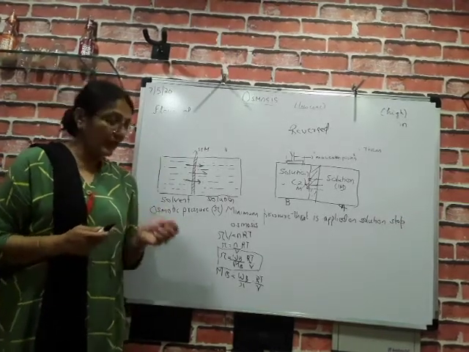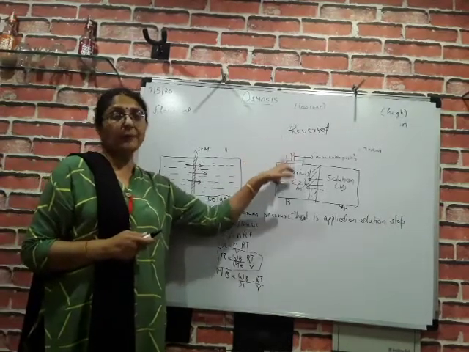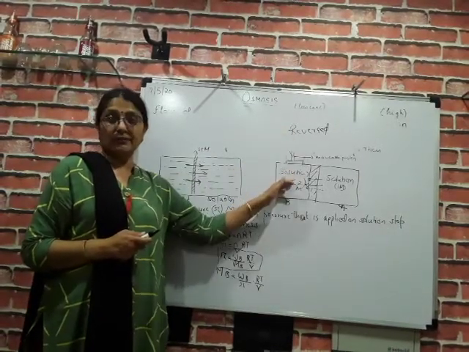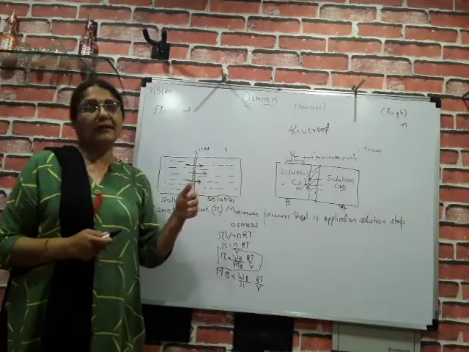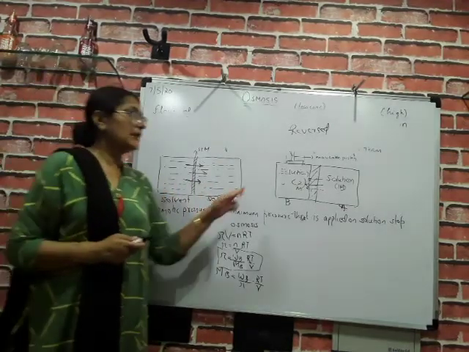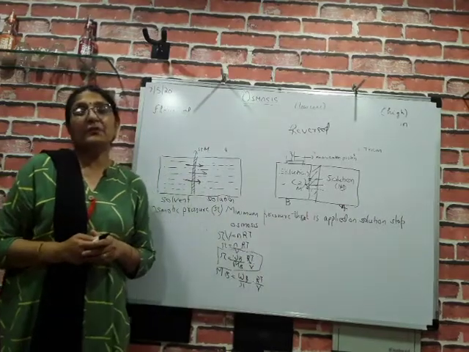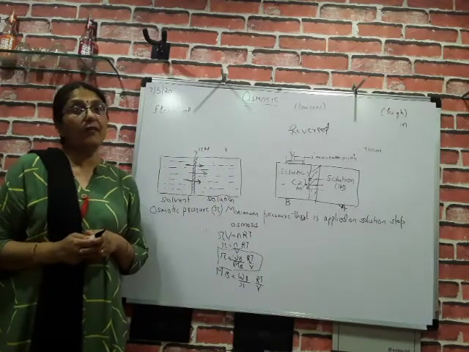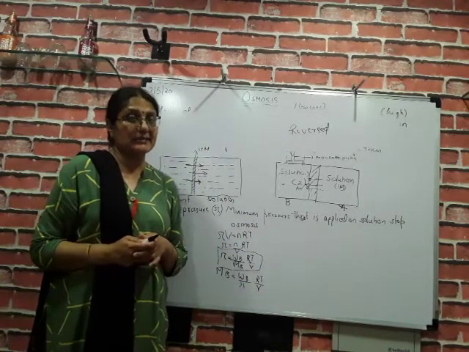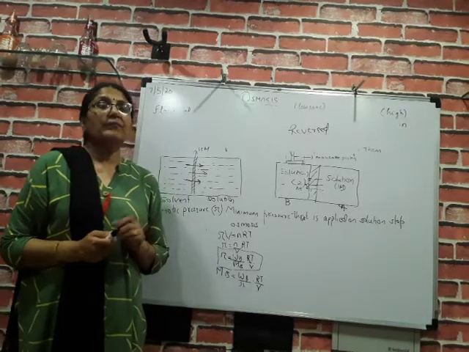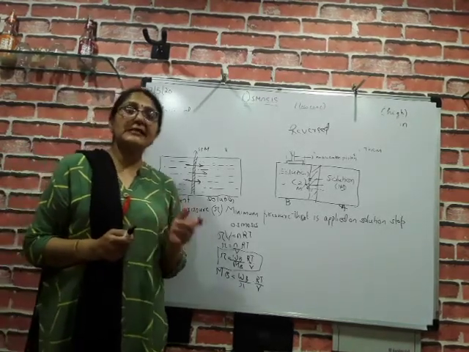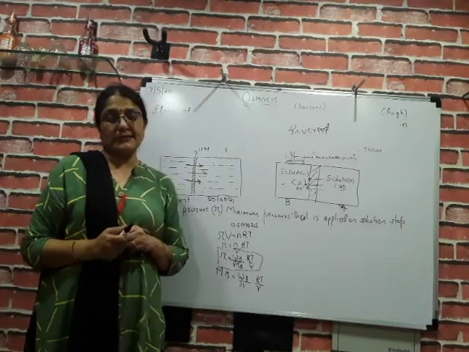And when I apply more pressure on the sea water side, water will move to the pure water side. And this way purification of sea water takes place. So RO is based on this process.